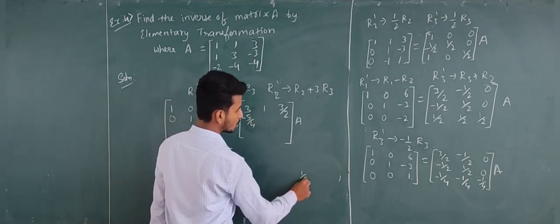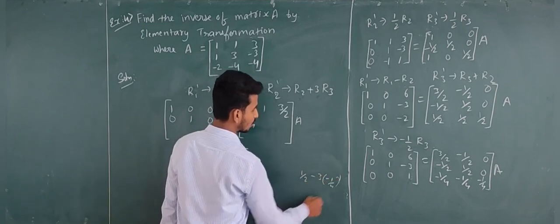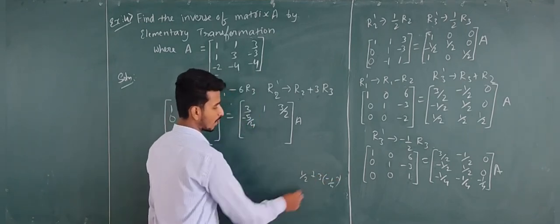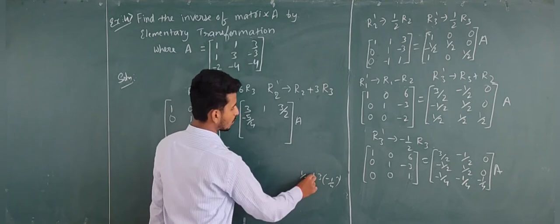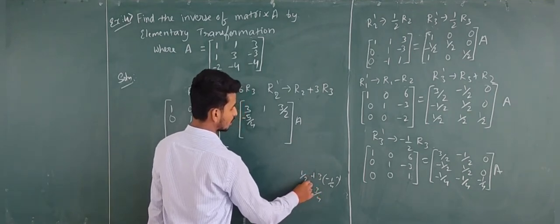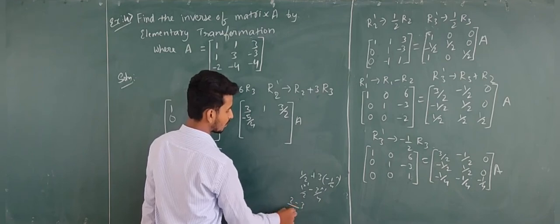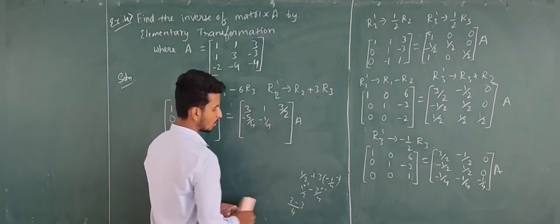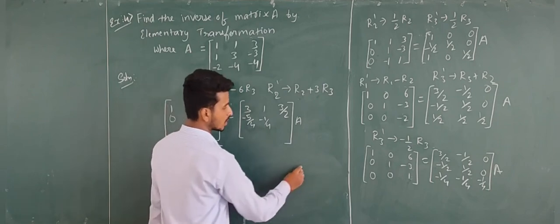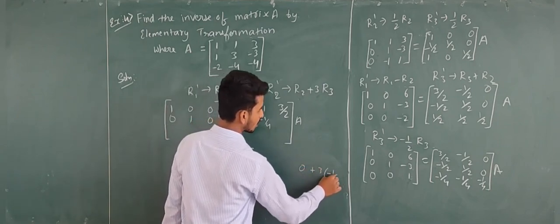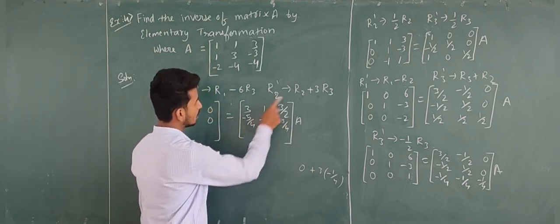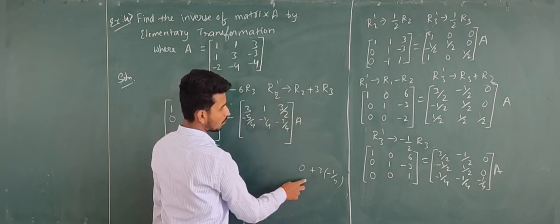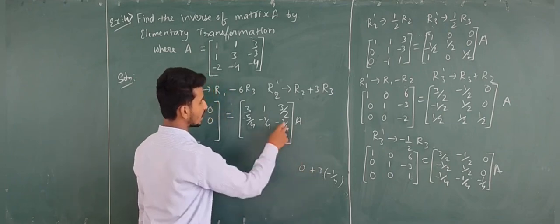Next is 1 by 2 plus 3 times minus 1 by 4, that is 1 by 2 minus 3 by 4, so 2 minus 3 divided by 4 is minus 1 by 4. Next is 0 plus 3 into minus 1 by 4, that is minus 3 by 4.